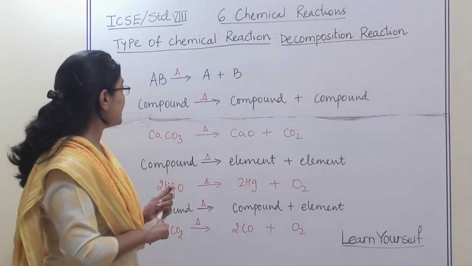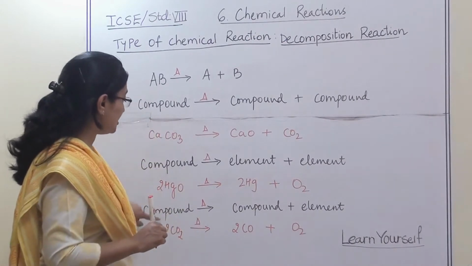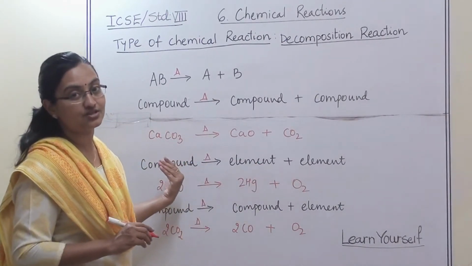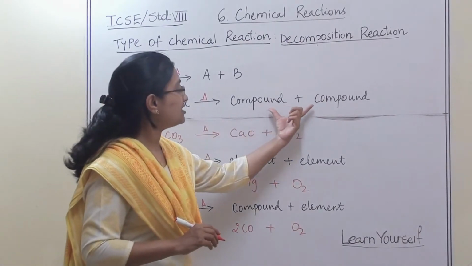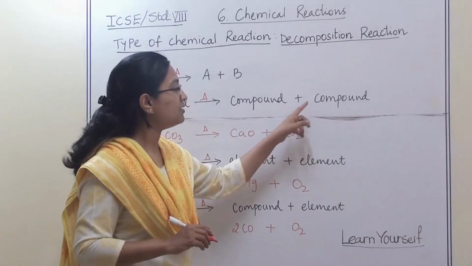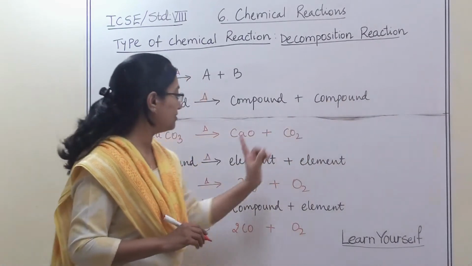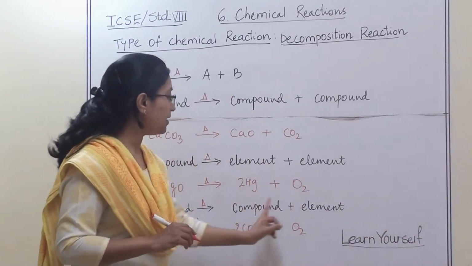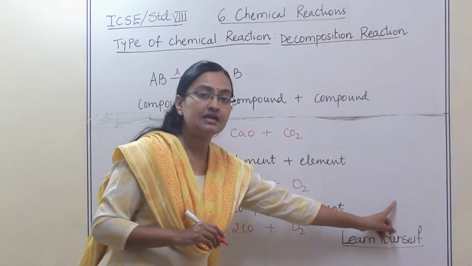If you see carefully, all these types of reactions are exactly reverse to the combination reaction. In combination reaction we took compound plus compound and got a compound. Element plus element, and we got a compound. Compound plus element, and we got a compound.